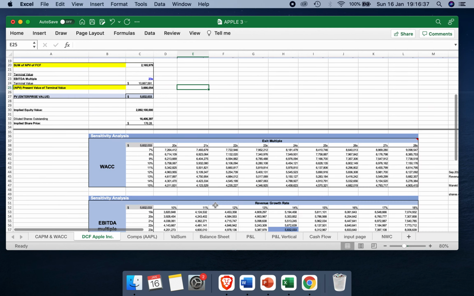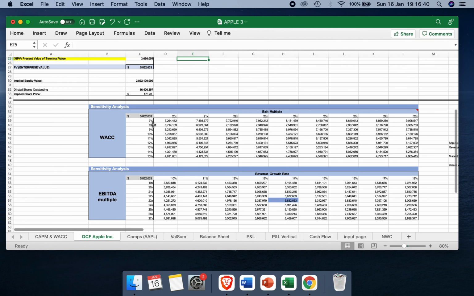This is why I've later applied a sensitivity analysis just to see what would happen if certain figures change, such as the discount factor or the EBITDA multiple, or what would happen if the growth rate changes, what kind of enterprise value would we get. I should have taken fewer values here because this is not that realistic. A growth rate of 18% is quite high.